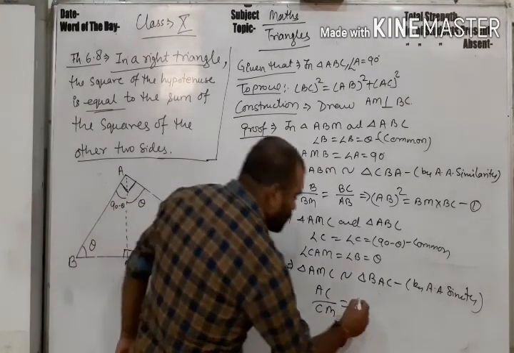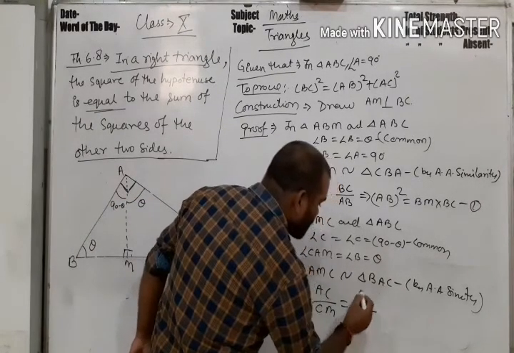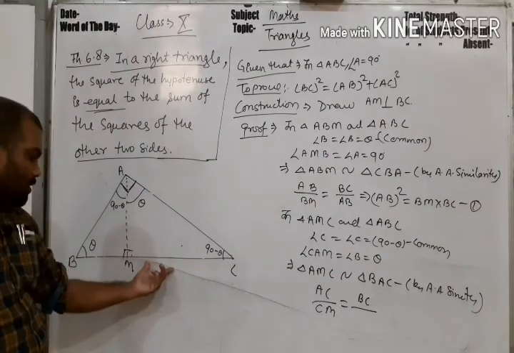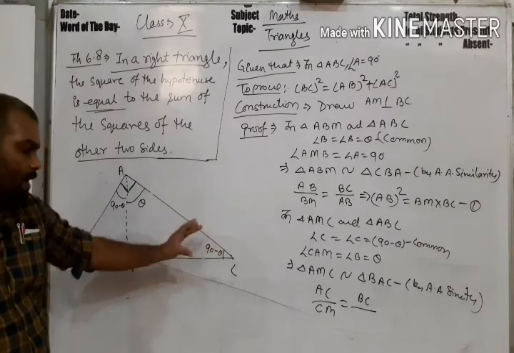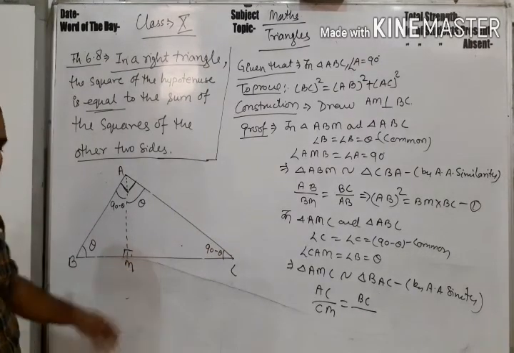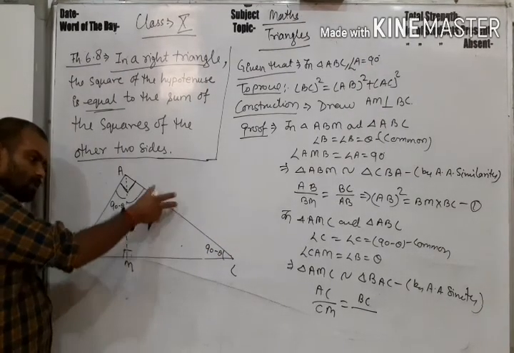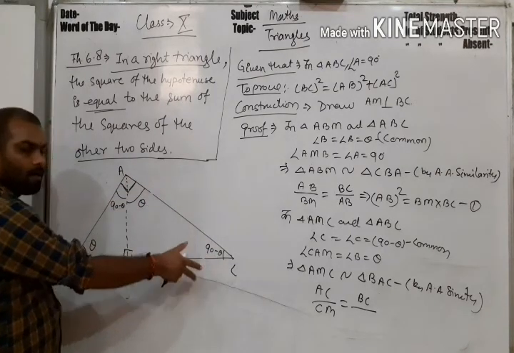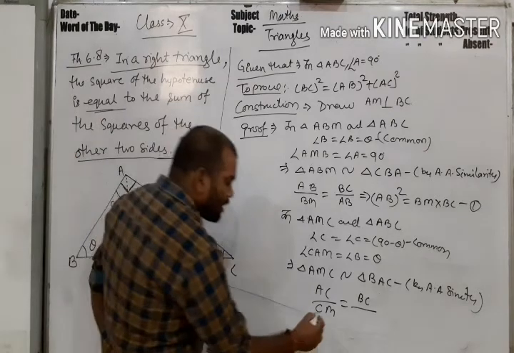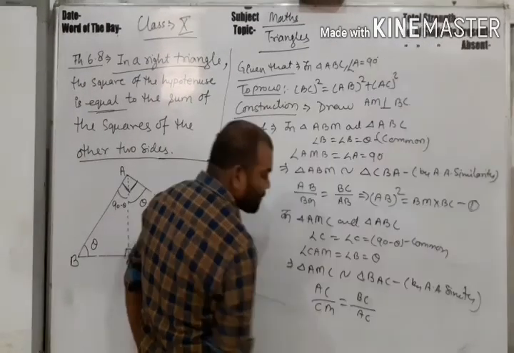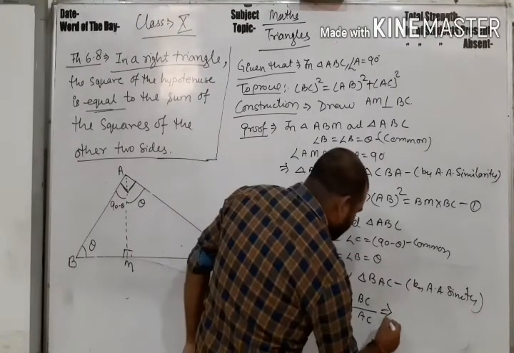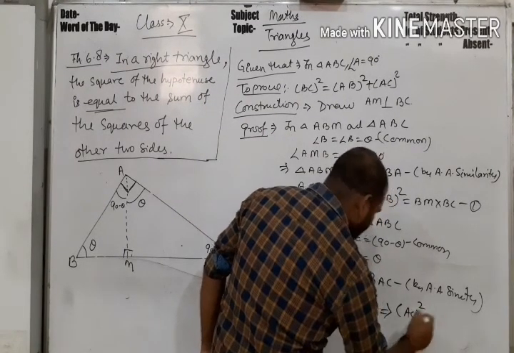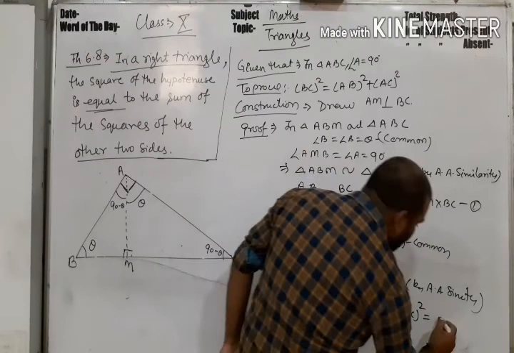So corresponding to AC is BC. Then the next side is CM. CM is the side containing angle 90 minus theta and 90. Corresponding to this, AC contains 90 and 90 minus theta. So the corresponding side to CM is AC. Now if we cross multiply, this becomes square of AC is equal to CM into BC.